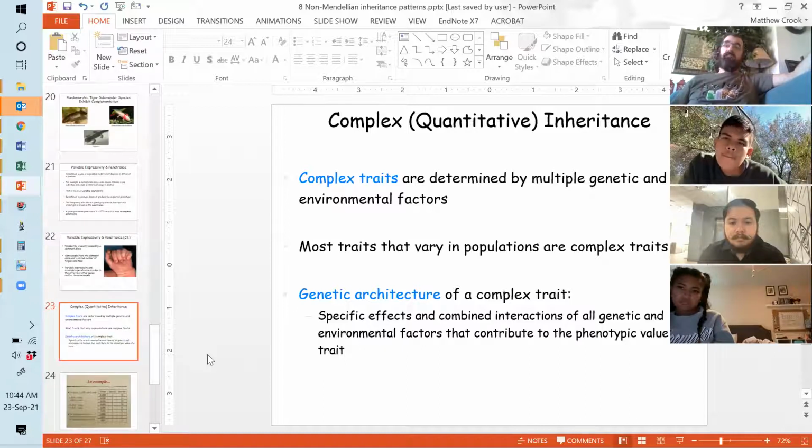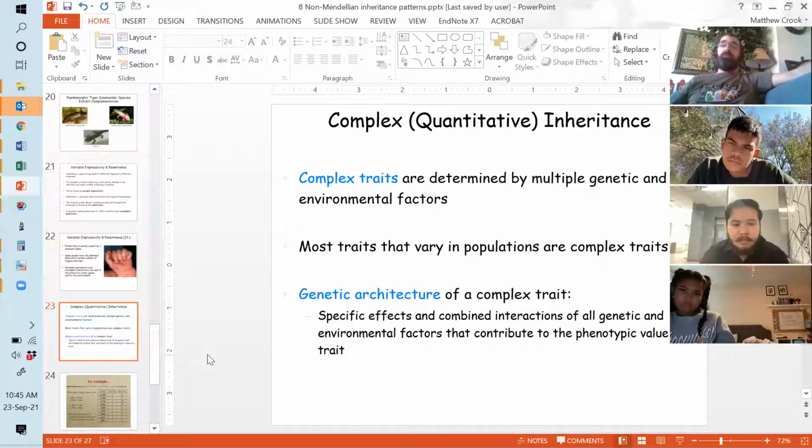Height is determined by a whole bunch of different genes, genes that affect spacing along your anterior posterior axis as an embryo, bone development, muscle development, things like that. But also, just from looking at individuals from drought-struck or famine-struck countries, they'll also be shorter.